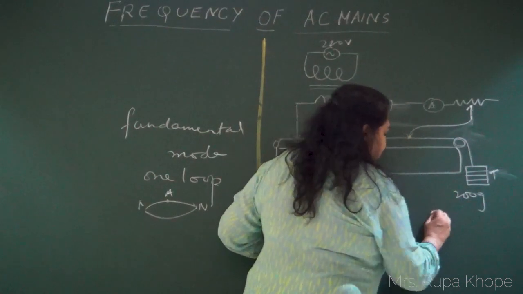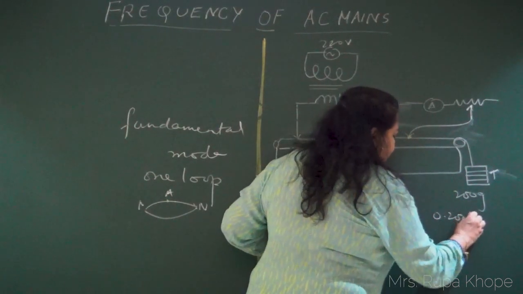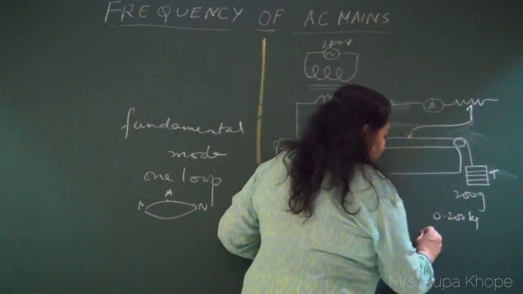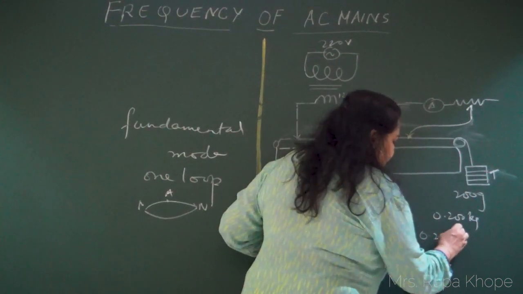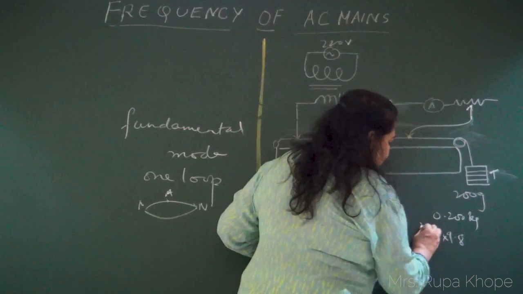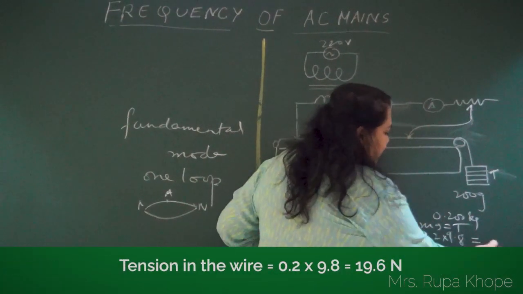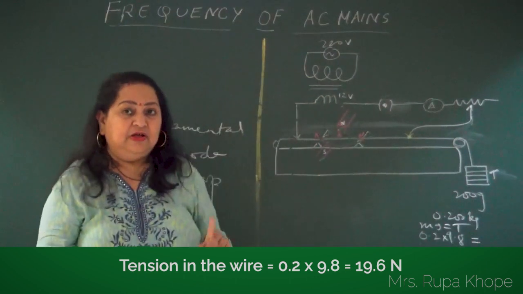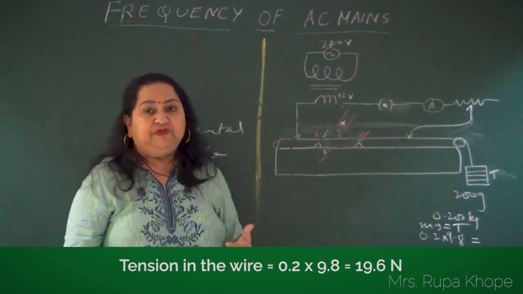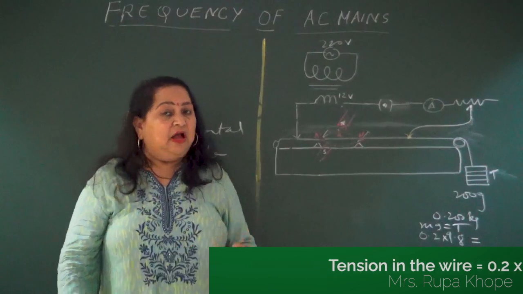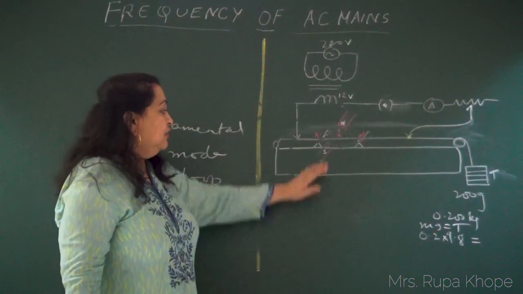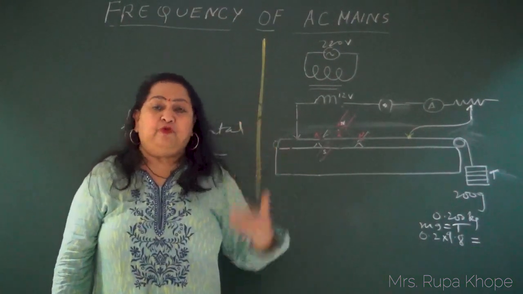That means it is 0.200 kg. Now this 0.2 multiplied by 9.8 g. m into g is tension. So 0.2 into 9.8, what we get is the tension in the first instant. So that we will be seeing in the observation table and we will be performing the experiment. Now the first reading is over. Like that we have to take 4 readings.